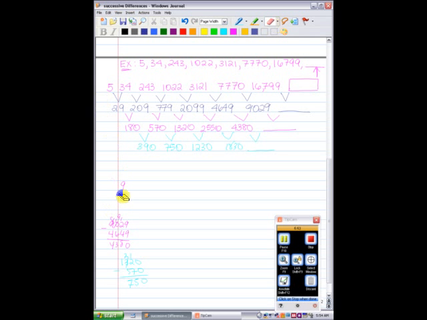Okay, I'm just going to make more room here for the next row. Let's use another color. Let's use purple. You could see how it's getting smaller and smaller, so we're going to take less and less differences. Okay, so we have 750 minus 390. That's 360.